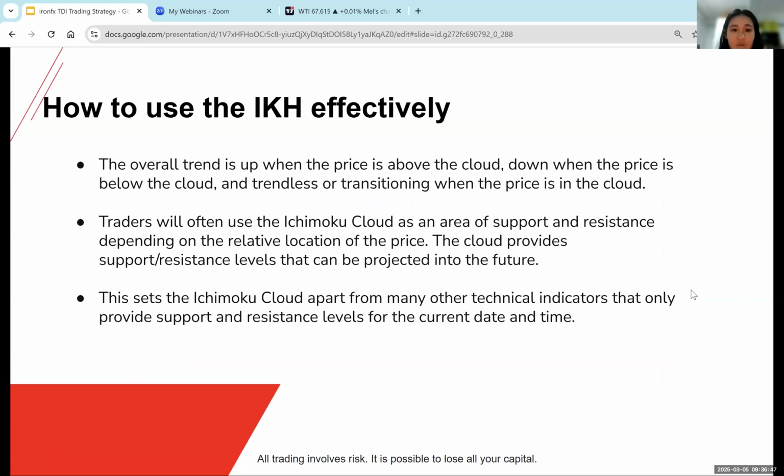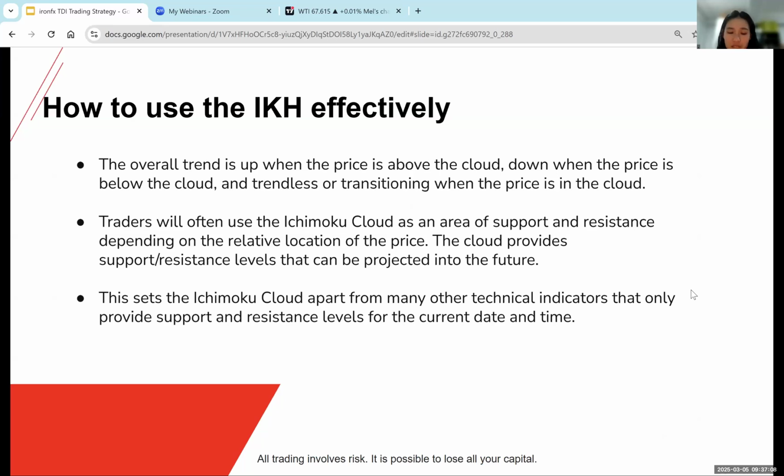Okay, so the most effective way to use Ichimoku, I've gone through all of the different ways that you can use it, based on looking at the different lines, but the most effective and the way that we normally use it is by simply looking at where price is in relation to the cloud.